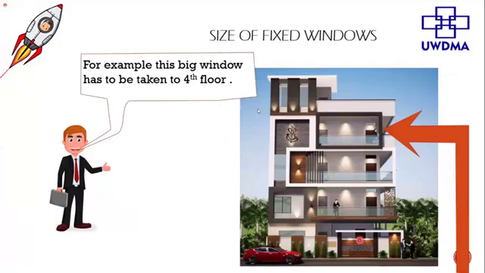Just imagine you have taken an order for a big fixed window, that too with double glazed glass, which is coming on the third floor. Your sales guy went there and finalized it. You have sent the quotation, everything was well, and you got the advance.